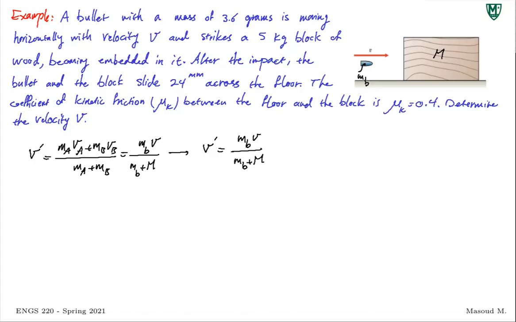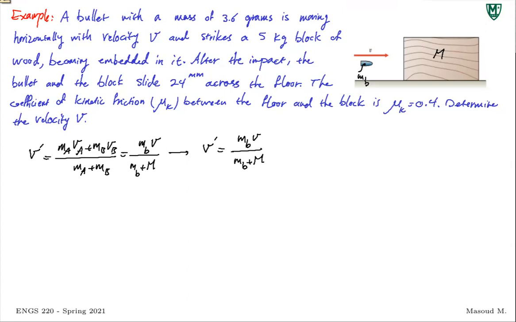After they get together, they become one object, and this whole thing moves 24 millimeters across the floor. We are talking about the relationship between velocity and displacement, so the energy method can help us.